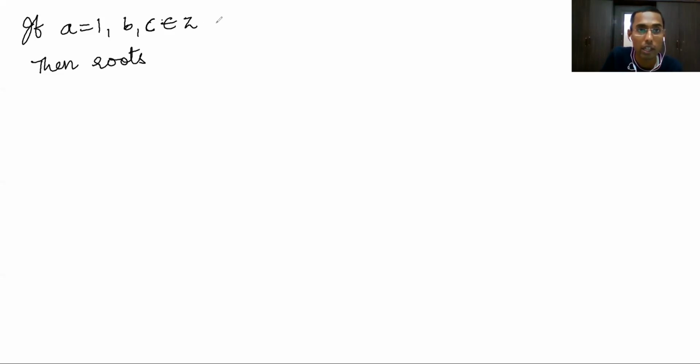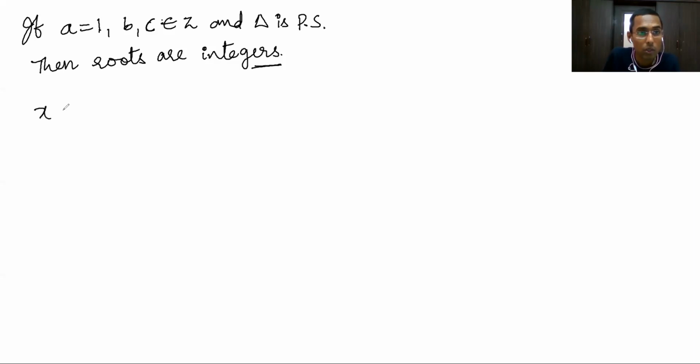Another condition is that delta is a perfect square. These three: a equal to 1, b, c belong to Z, and delta is a perfect square. Then the roots are integers. So this is very easy to understand.